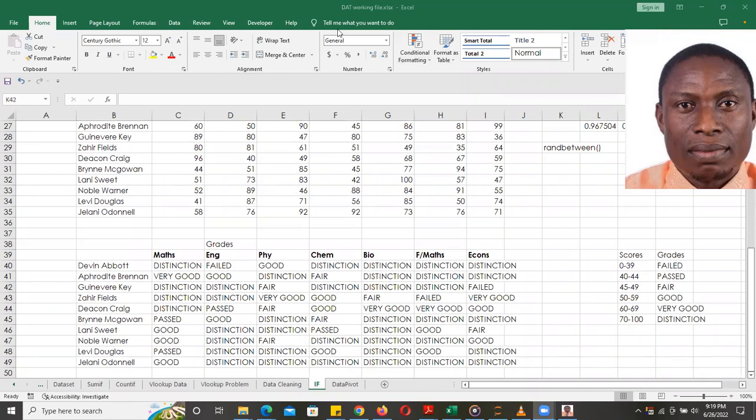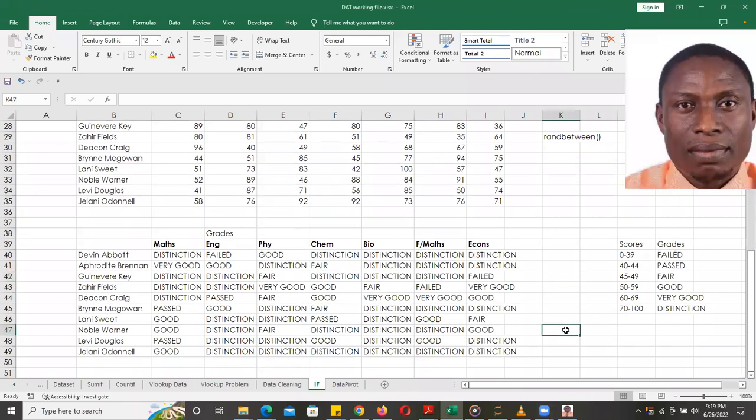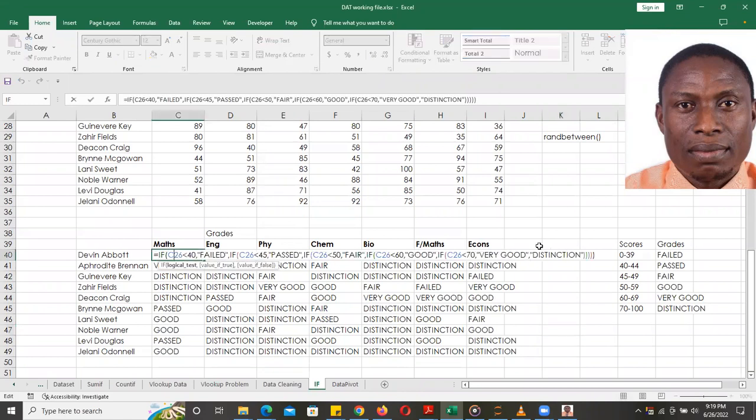Zulu, sorry for taking you back. There's something I wanted to ask before. On the last one, where you did not put the value for that distinction, I did not put the if statement.